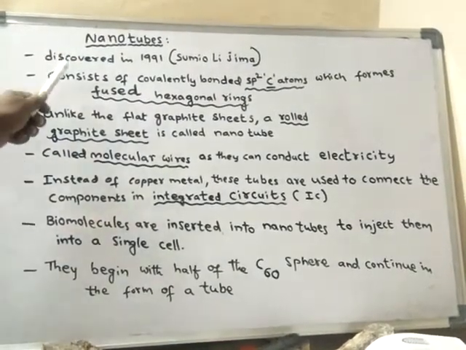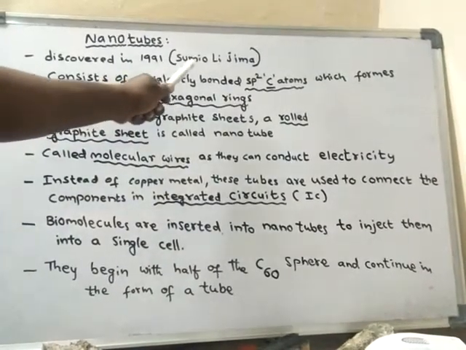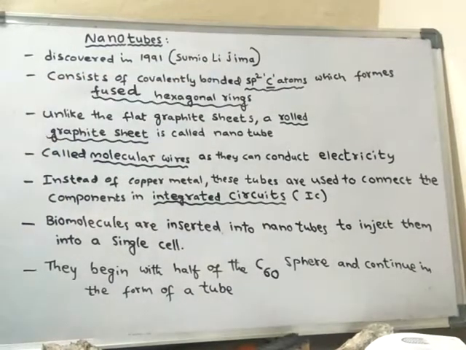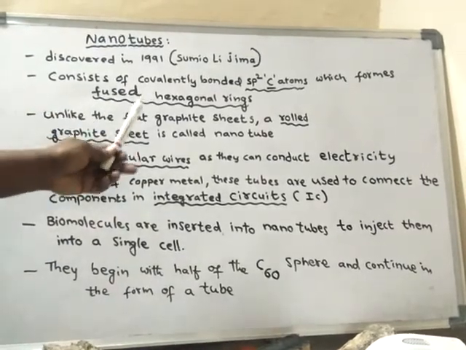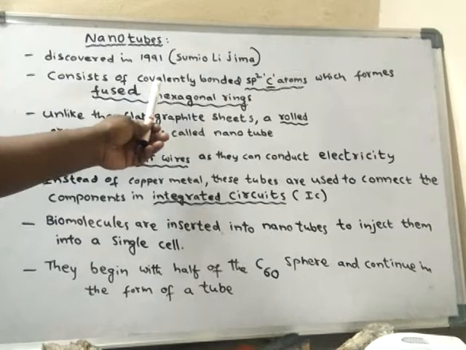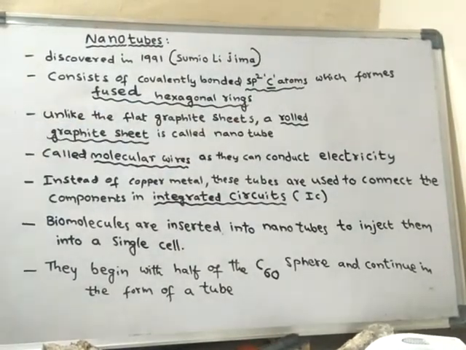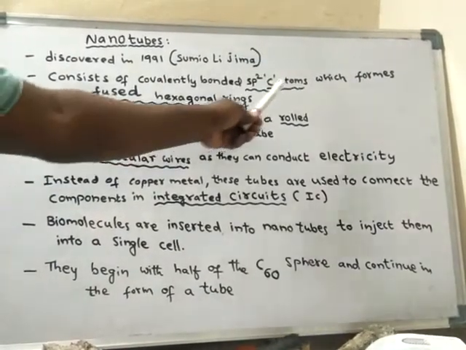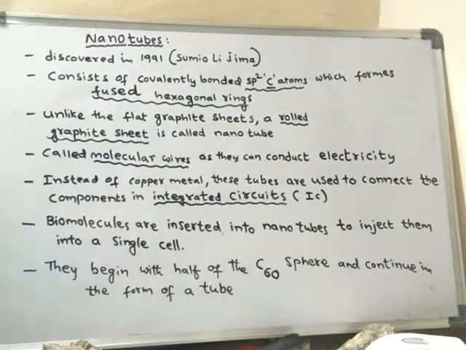These nanotubes were discovered in 1991 by a scientist known as Sumio Iijima. These nanotubes consist of covalently bonded sp2 carbon atoms, which form fused hexagonal rings.